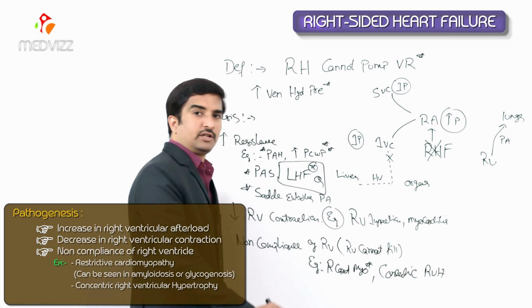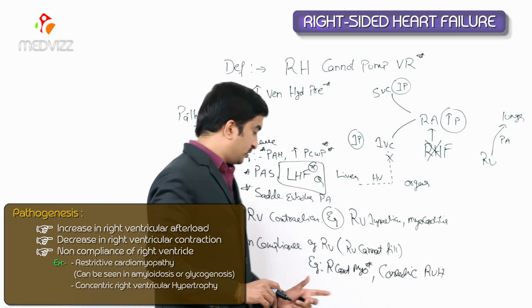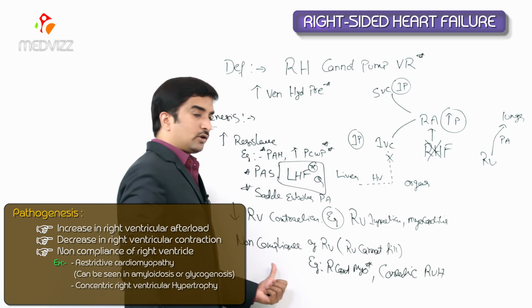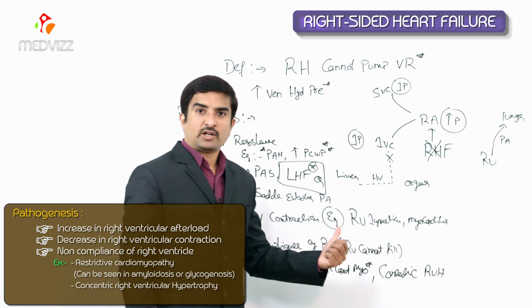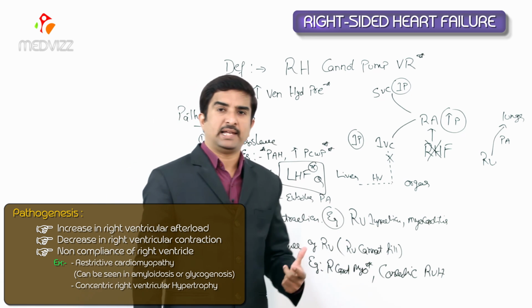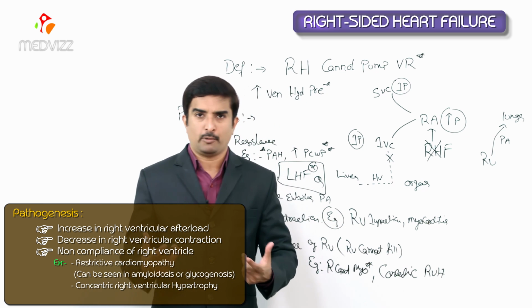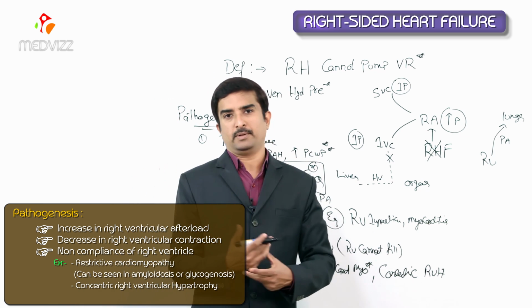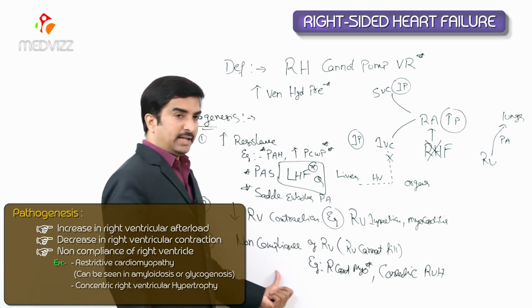So all this, concentric right ventricular hypertrophy and restrictive cardiomyopathy, decreases the compliance of the right ventricle. So the right ventricle becomes non-compliant, which means it cannot fill properly. That is the reason it cannot pump properly. This is the third mechanism.